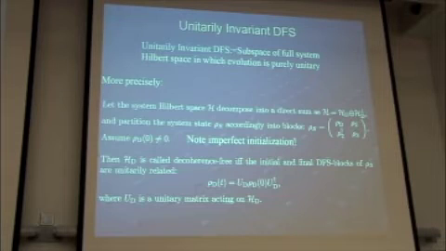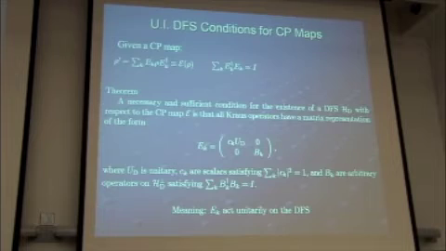What are the conditions for this to happen? Can this ever be realized? And the answer is yes. So in the setting of completely positive maps, I'll give 2 characterizations of this. One, CP maps, the other one, Lindblad master equations. So in the setting of CP maps, here is the CP map again. The theorem says that you can get a unitarily invariant DFS, one where information is stored and evolved unitarily, provided that the Kraus operators have this particular form.